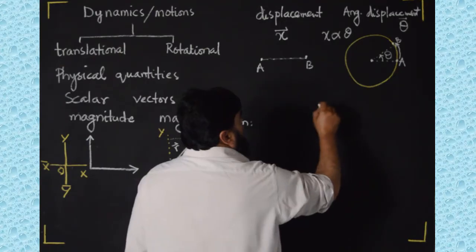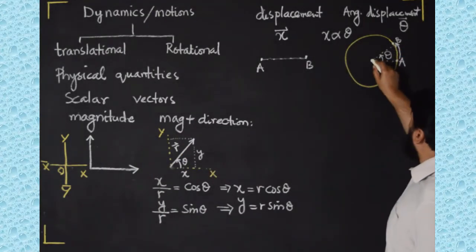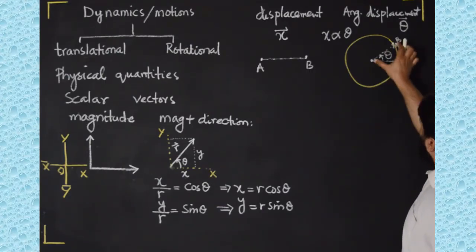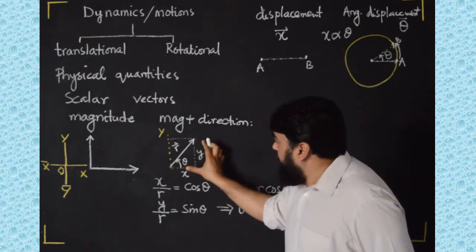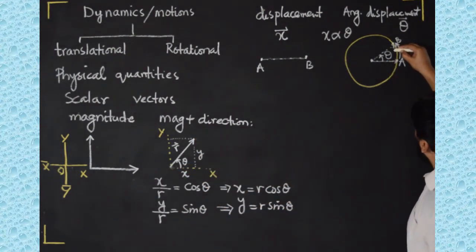Let's see, this is the radius of this circle, and now this radius has moved to this point. If I consider this vector now, it makes an angle theta, so it has two components.